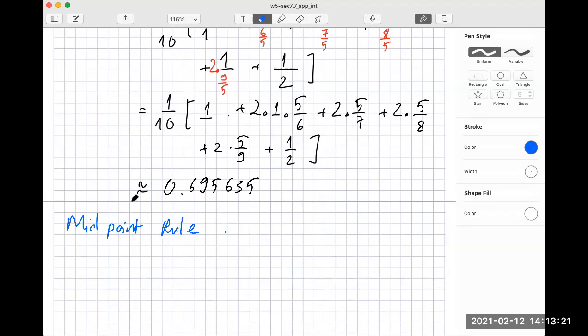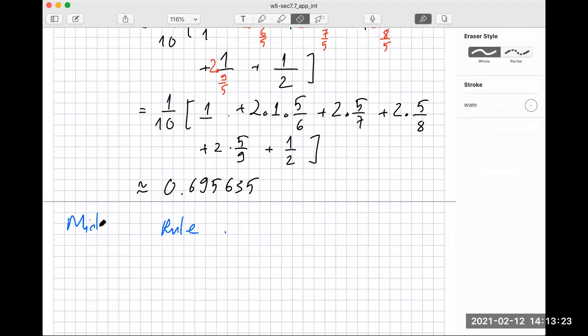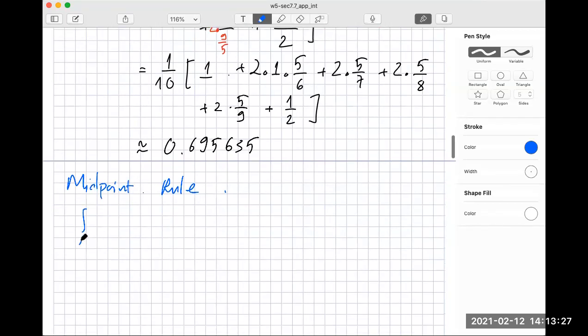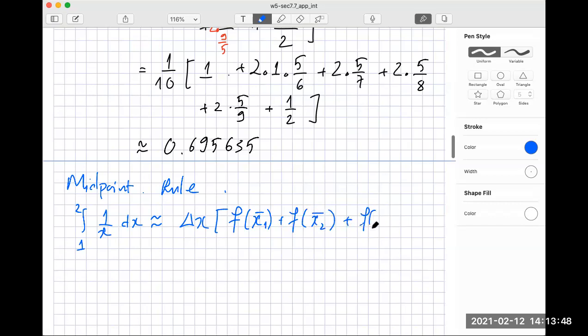It will be the integral from 1 to 2 of 1/x dx, which is delta x times f of x1 bar plus f of x2 bar plus f of x3 bar, right?